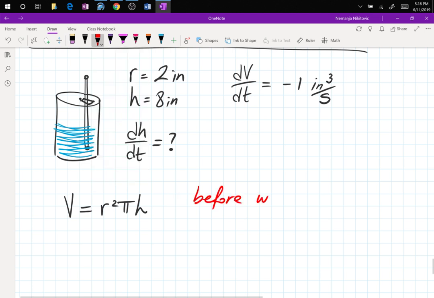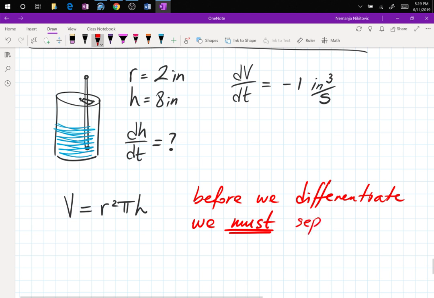Before we differentiate, we must separate variables from constants.